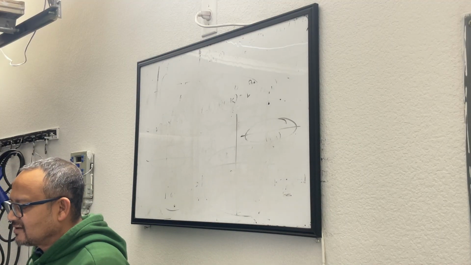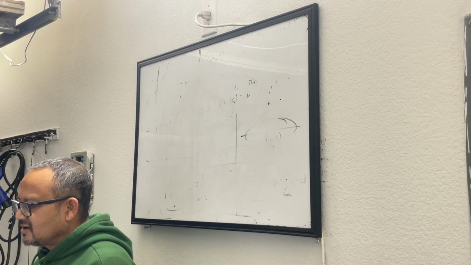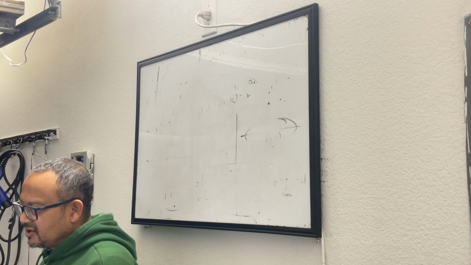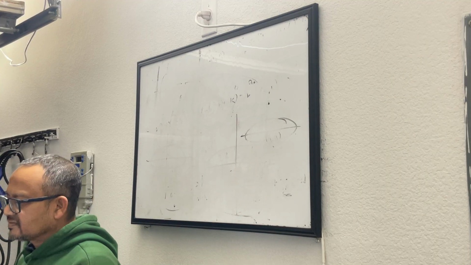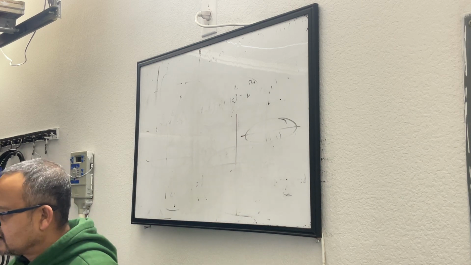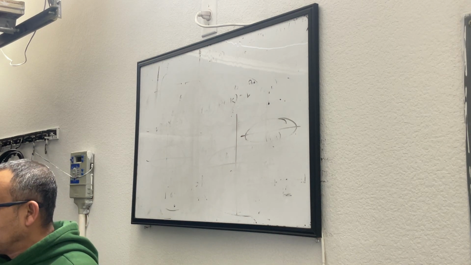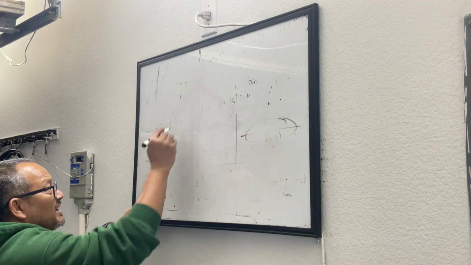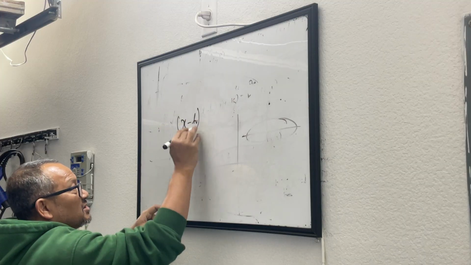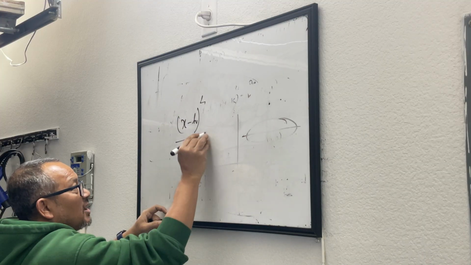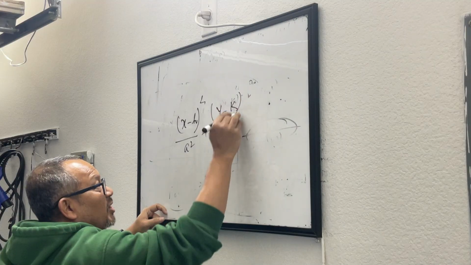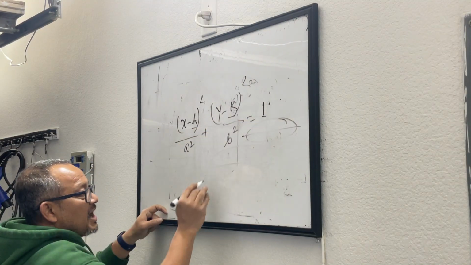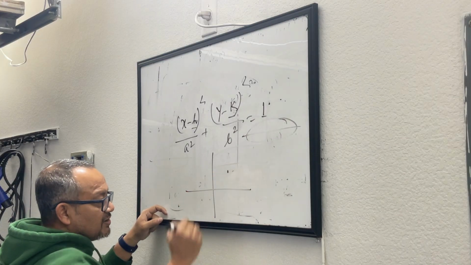Is it center -5, -7? Or -7, -5? -7, -5, yes. How about the major radius? A 4. Yeah. So here, when you see a plus sign, your default equation is x minus h squared by a squared plus y minus k squared by b squared equal to 1, where h and k are assumed to be positive values.